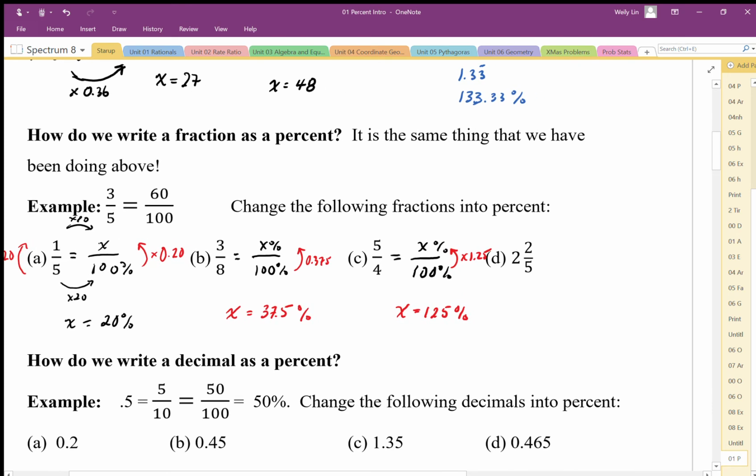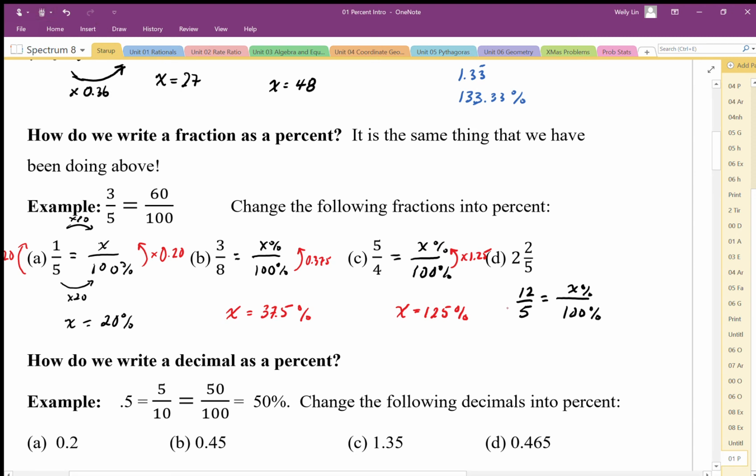And then for the last one here, again, since it's an improper fraction, we really don't like improper fractions. This is a mixed number, and we don't like mixed numbers. We want to show it as a ratio. So I'm going to put it into an improper fraction out of 100%, so that we can solve for that.